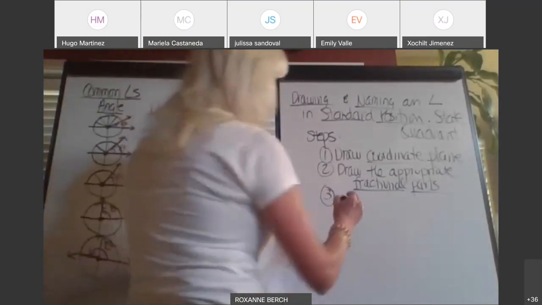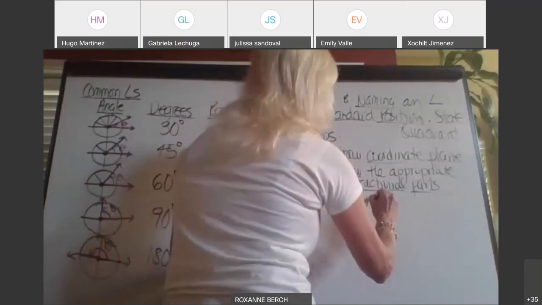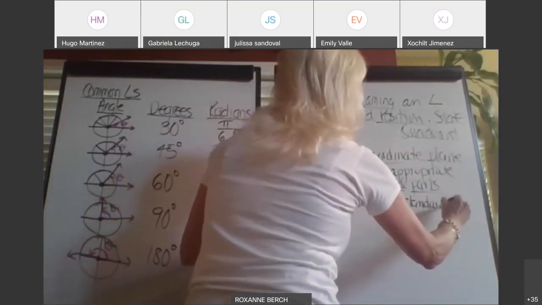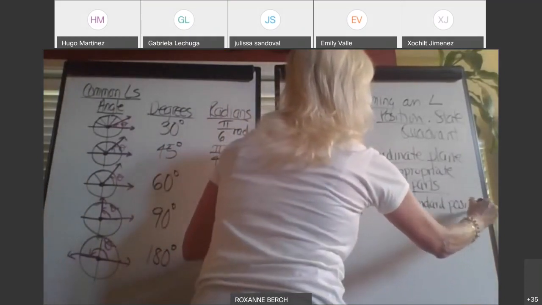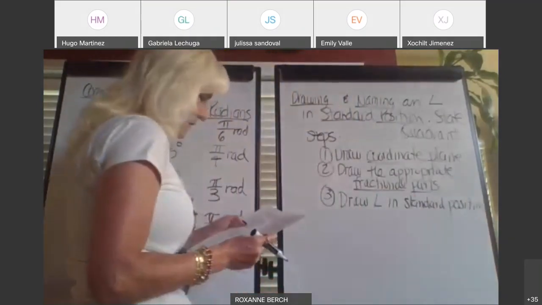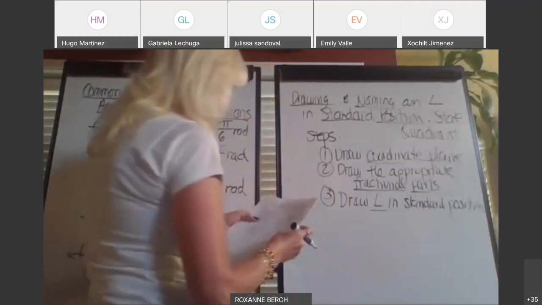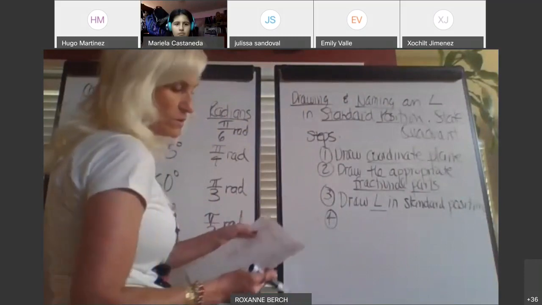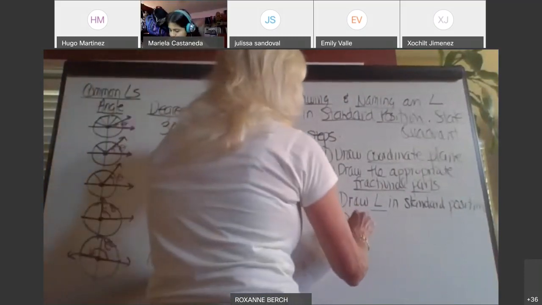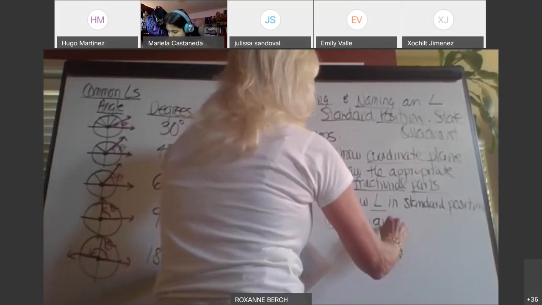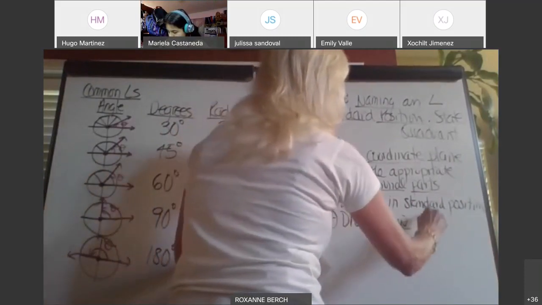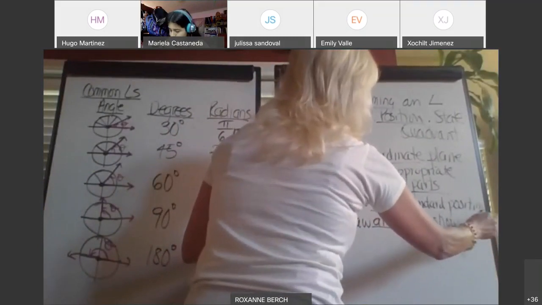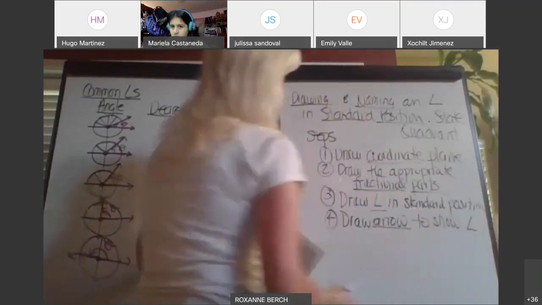The third thing is you're going to draw the angle in standard position. The fourth thing is you are going to draw an arrow to show the angle rotation.